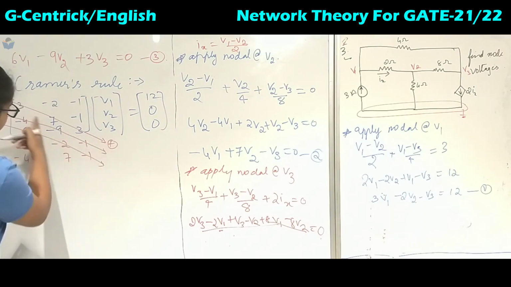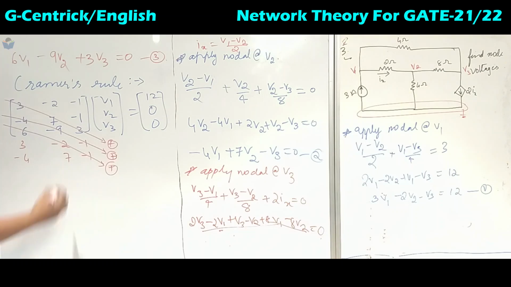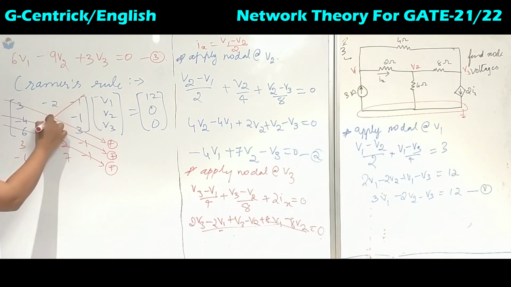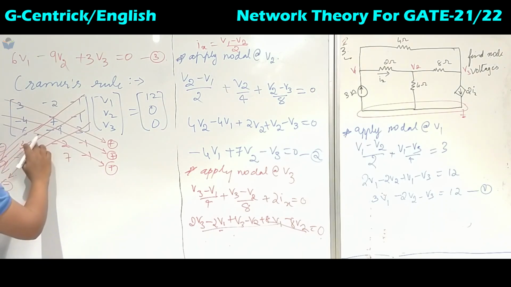Whatever the product of these lines will be, you have to sum it up, and over this side, this comes under 6, this comes under 3, and this comes under 4. Whatever comes here you have to do minus.